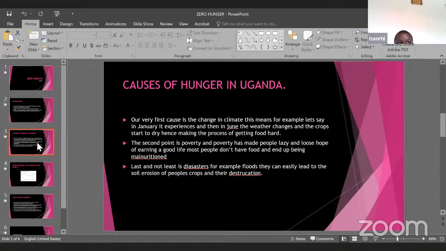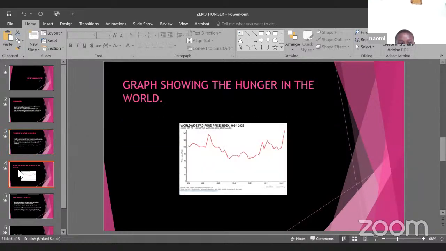It's also caused sometimes by natural disasters like floods, which can destroy people's crops, and most people grow food, since right now the prices of food are high. And I also presented a graph showing the rate of hunger in the world.